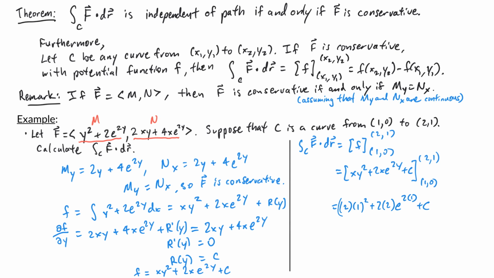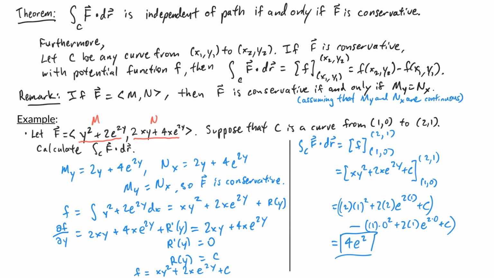Then I'm going to subtract, plugging in the point (1, 0): 1 times 0 squared plus 2 times 1 e to the 2 times 0 plus c. That's going to be 2 plus 4e squared plus c minus 2 minus c, which simplifies to just 4e squared. As you can see, if F is a conservative vector field, calculating the integral of F dot dr becomes much easier.